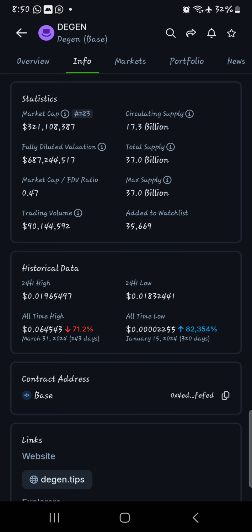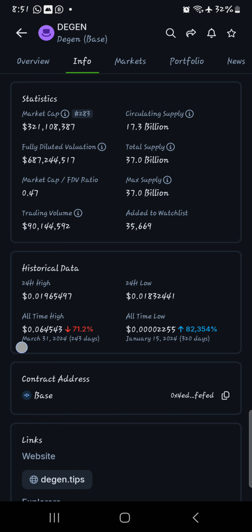All right, this is a lot, which means if you have simply invested $10 here on January 15th, you'll be currently having $8,230, give or take. So you can already tell that this has gone a whole lot, like really high.